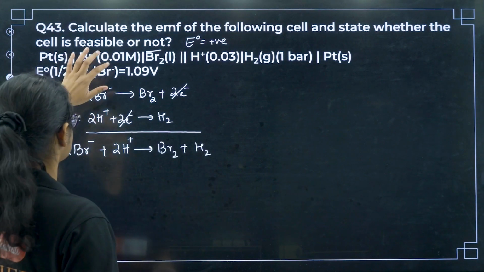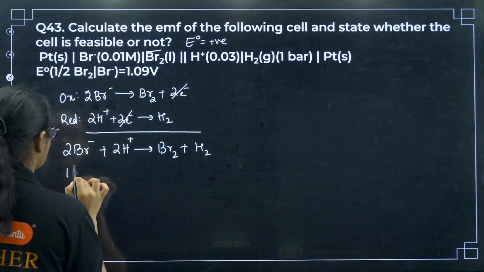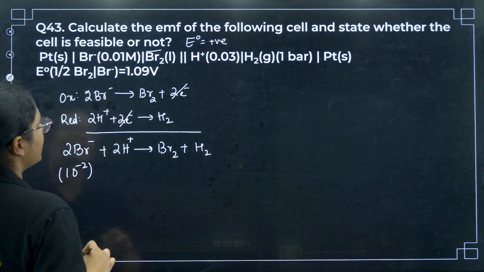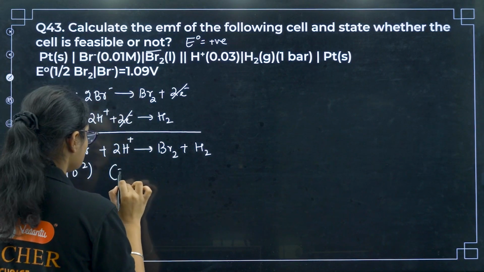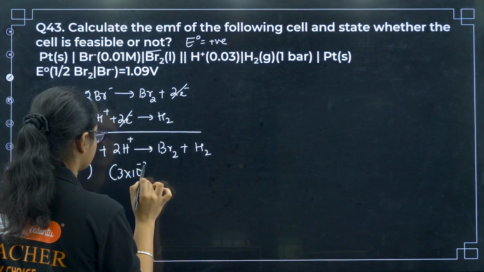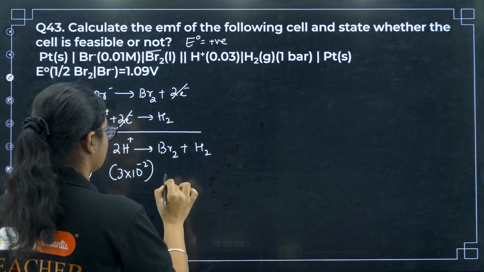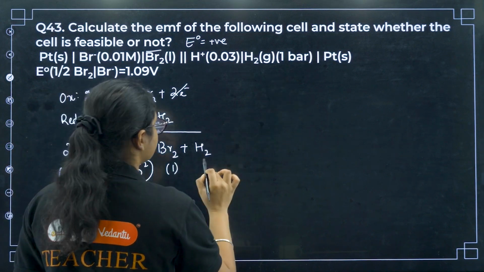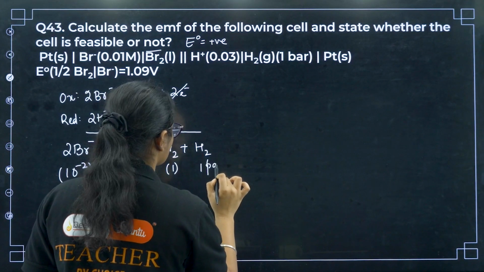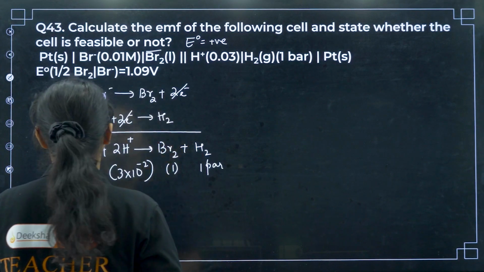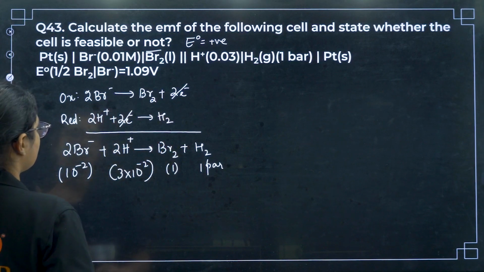Now what is the Br minus concentration? 10 to the power of minus 2. H plus concentration is 3 into 10 to the power of minus 2. Then Br2 is liquid, that is not important. H2 pressure is 1 bar. Now E naught value is given to me.